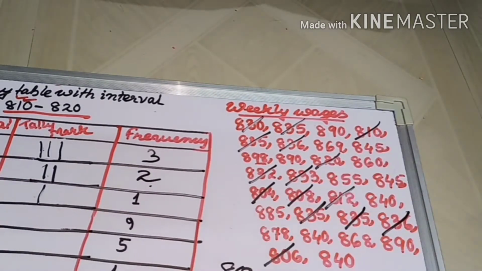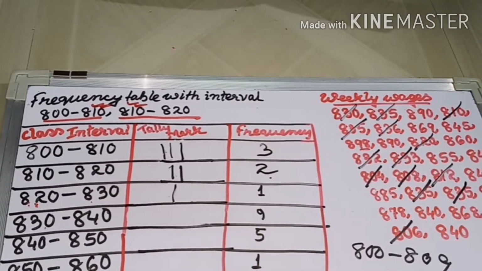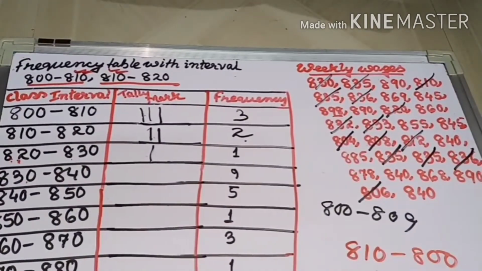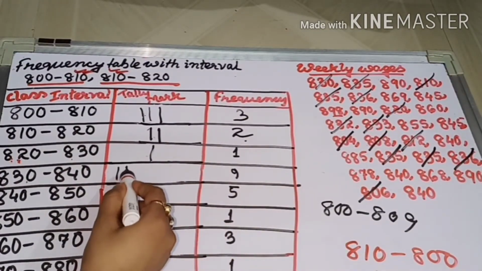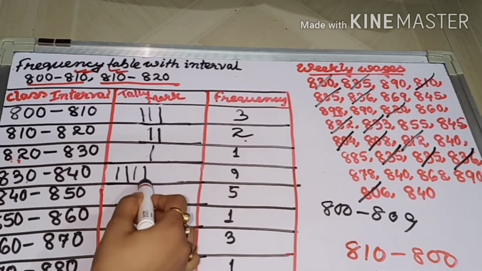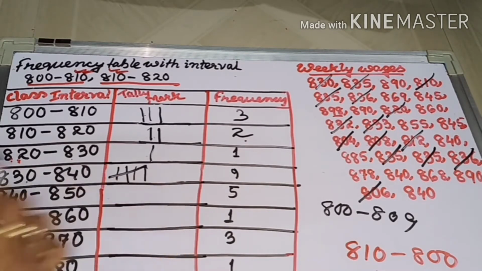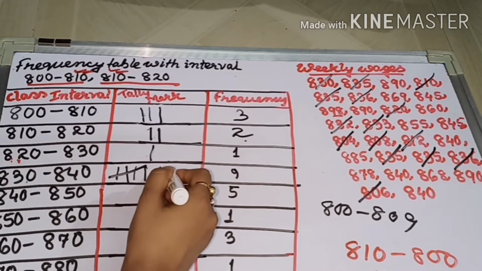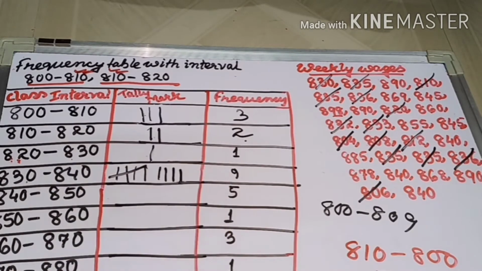So up to how much? It is 9. How will we do 9? 1 2 3 4, then 5 with a diagonal line, 6 7 8 9, right?